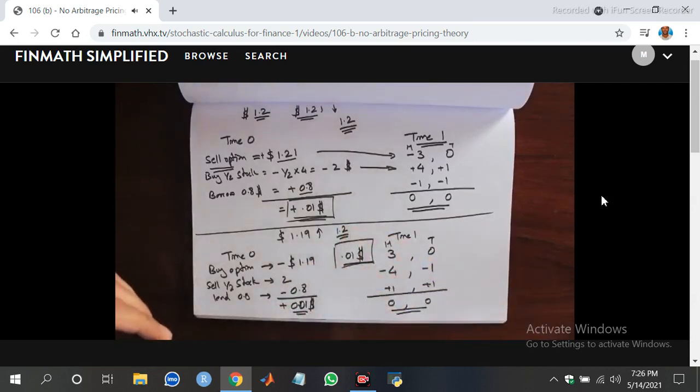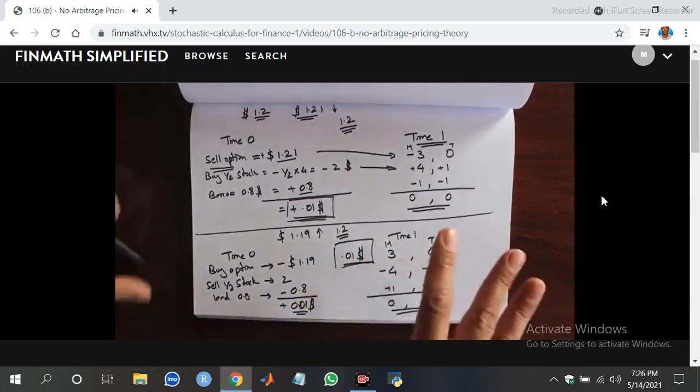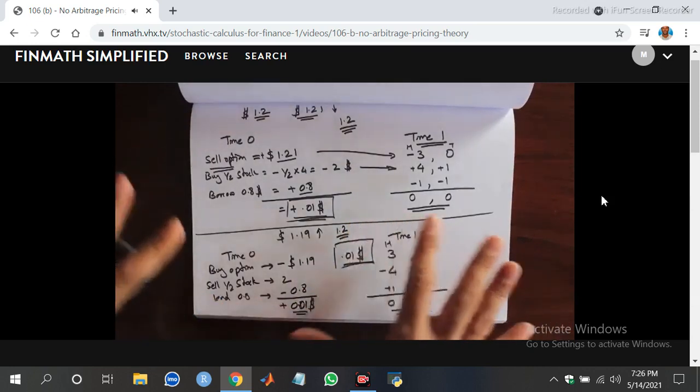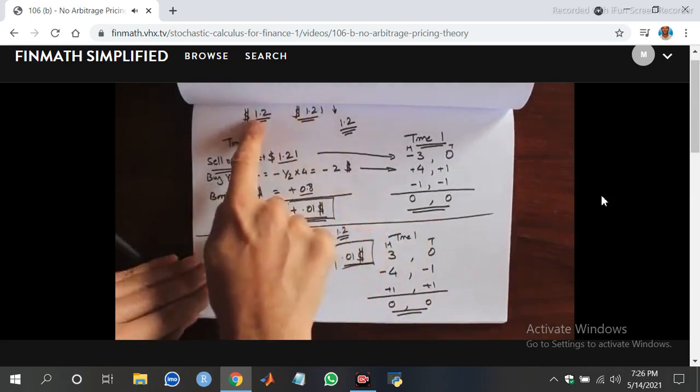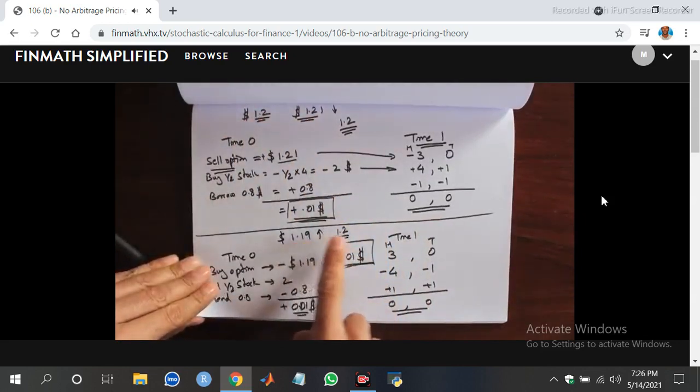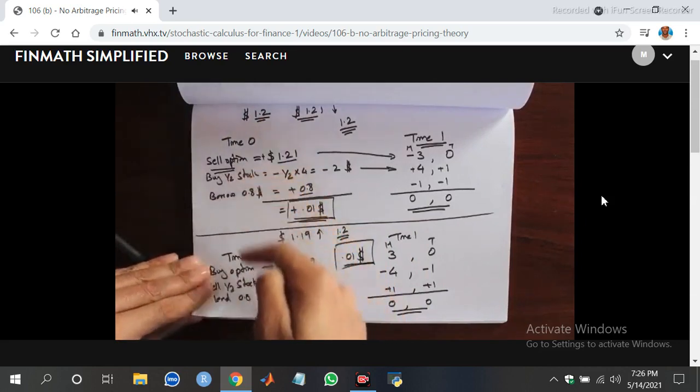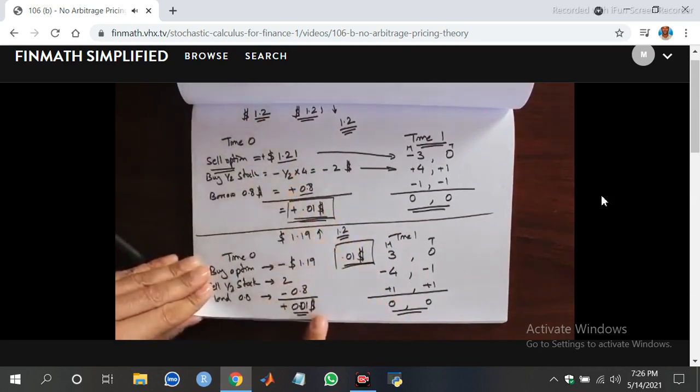So great. I showed you how we can take advantage of an arbitrage opportunity if either this option is trading higher than what our model suggests or lower than what our model suggests. In both cases, I showed you what strategy we can use to take advantage of this arbitrage opportunity.